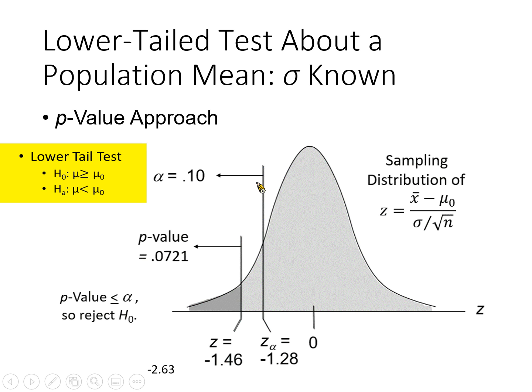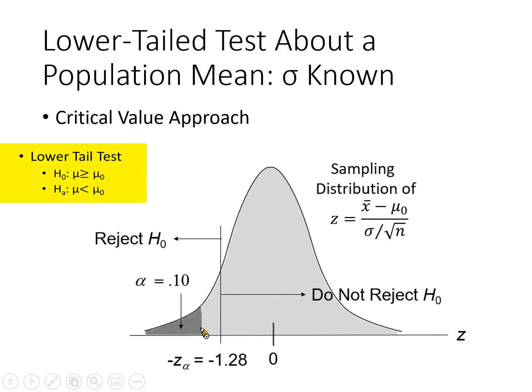You will find in the lower tail test, if you use the p-value approach, for example, today you set the significance level as 0.01, and you calculate your sample data result, its p-value is 0.0721. It is under such an area, so you can reject the null hypothesis.